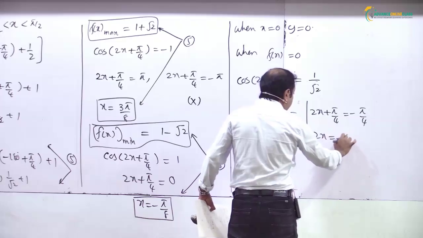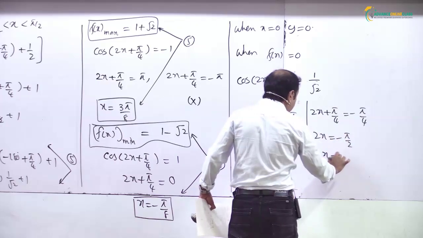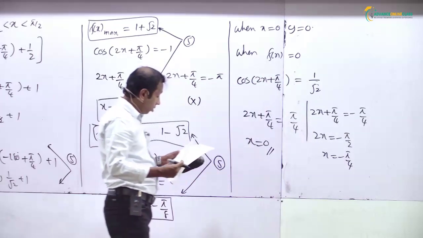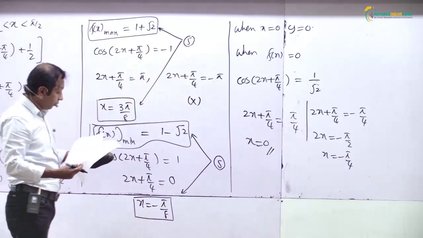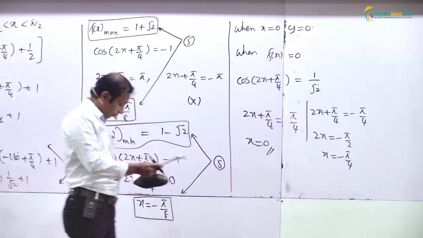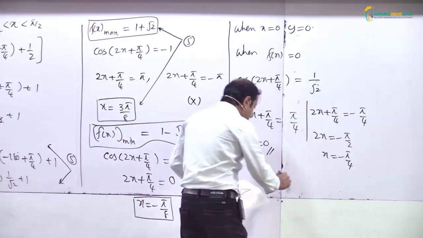All right. 2x equals minus π/2, so x equals minus π/4. Correct, no? Okay. Then for this also, 5 marks.